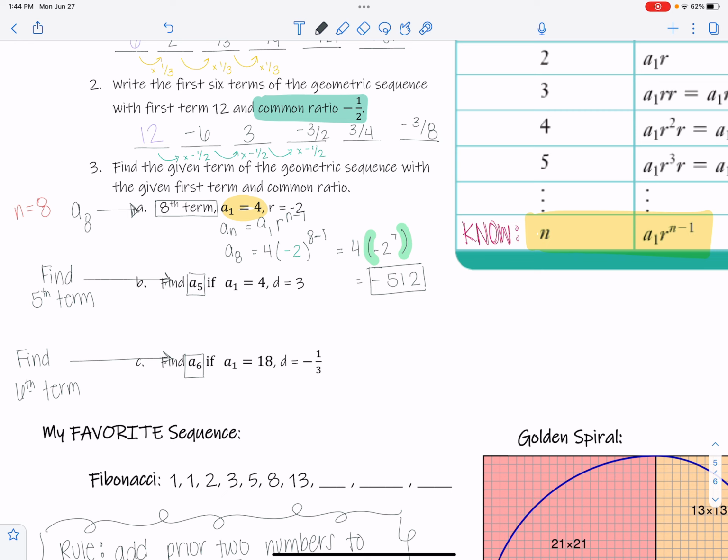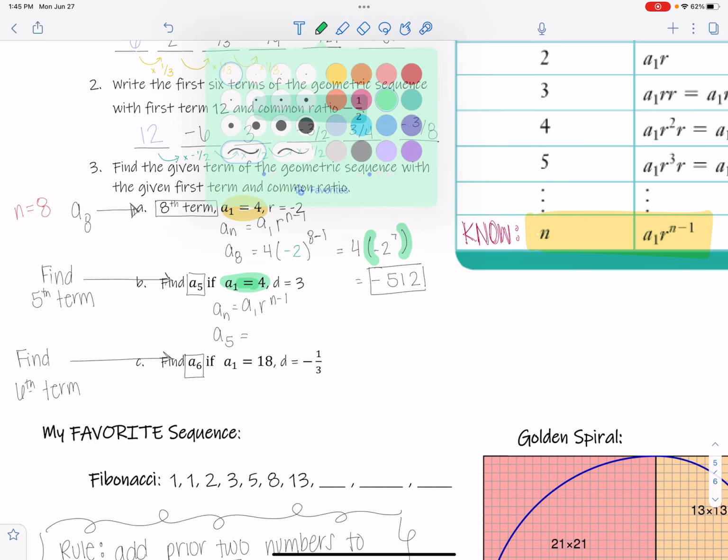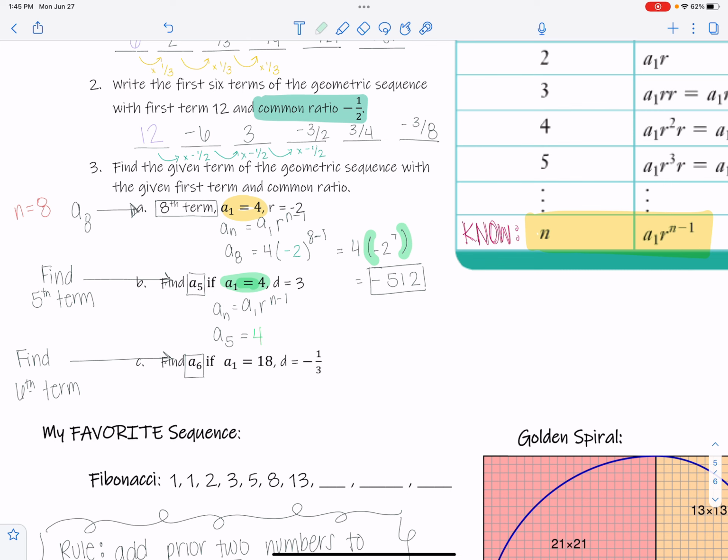All right, letter B, the 5th term. It says find a5 if a1 is 4 and r is 3. So same thing, I'm going to plug it into that same formula. I've got a5 equals a1, which is 4, times r to the n minus 1.